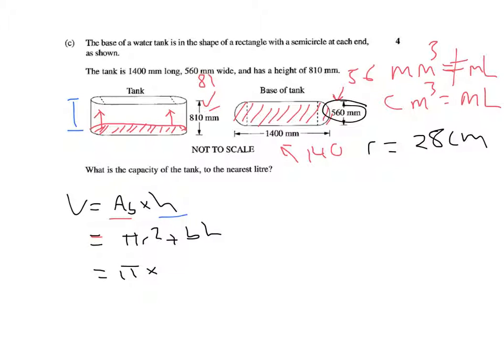Okay, so let's get to it. Pi times 28 squared plus the base. Well, we haven't worked out what the base is, because the base of this is from here to here. So we're going to have to subtract half of this, which is 56, from 140. 140 take away 56.